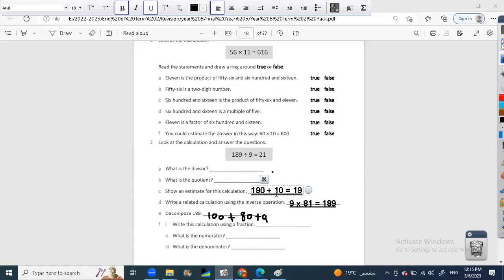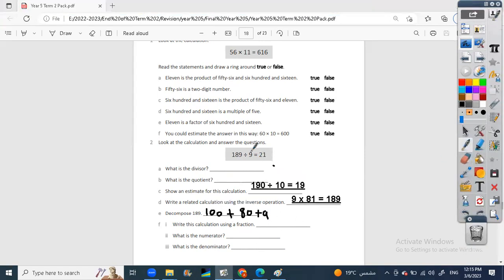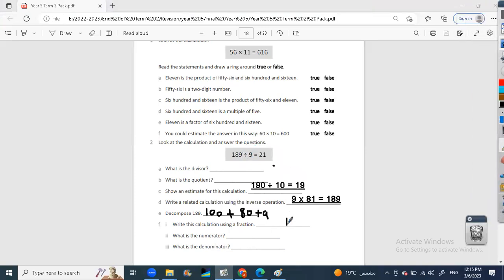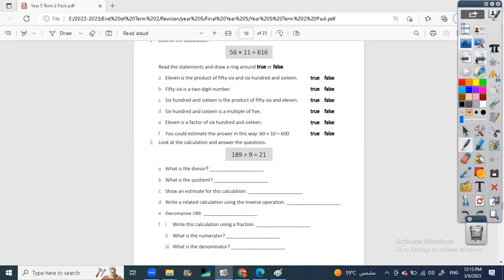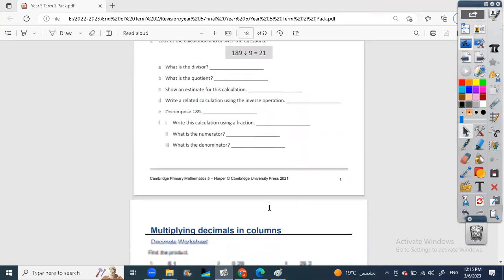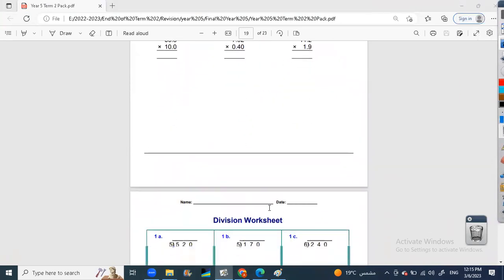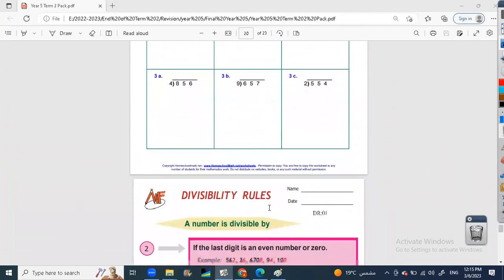As a fraction, we agreed before that it is going to be written 189 over 9. The numerator is 189, the denominator is going to be 9. Okay, next page is the multiplication and the long division.